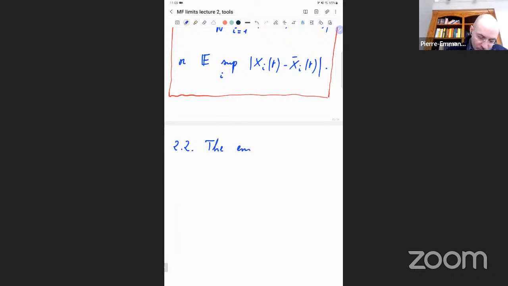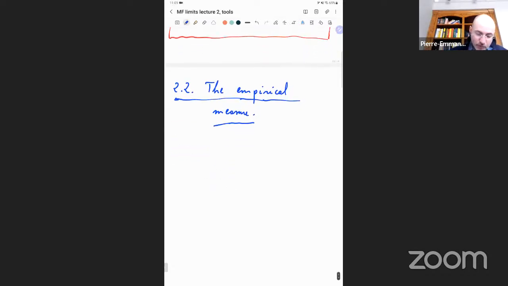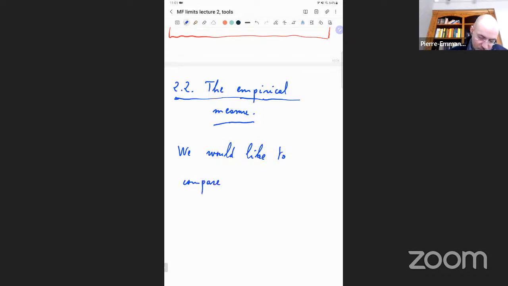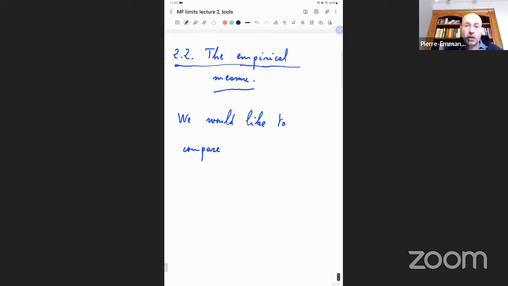Now let's go to something a little bit more complicated. We would like to compare sometimes directly the stochastic system with the limiting PDE.